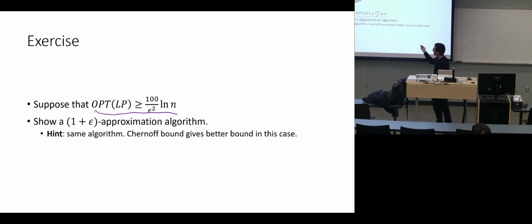You can check this for your understanding: if opt of LP is big, then you can get a 1 plus epsilon approximate solution from the same algorithm.